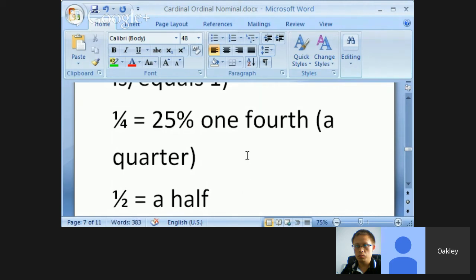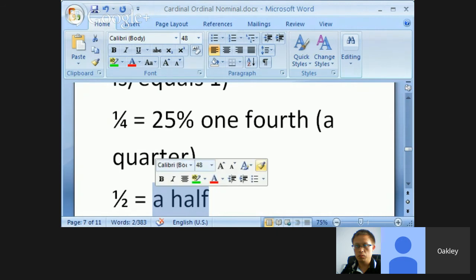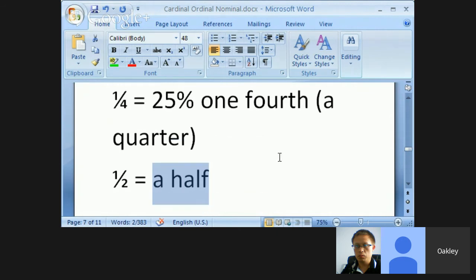Any of the other ones, one has to be a half. 1/3, 1/4, 1/5, 1/6, 1/7, 1/87th, 1/42nd. It doesn't matter. Everything else you can use the ordinal number with 1, whatever, and make a fraction.